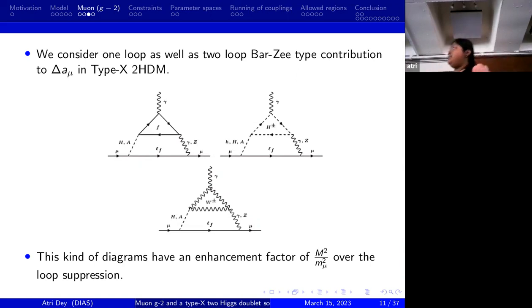Also, we are looking for a low-mass pseudoscalar, and the pseudoscalar coupling with leptons is proportional to tan β. Our recent experimental bound allows tan β values up to at least 100. So the major contribution comes from the first diagram, and among these three diagrams, about 96 or 97% of the contribution is from the first diagram.